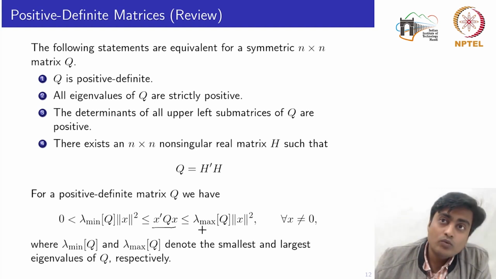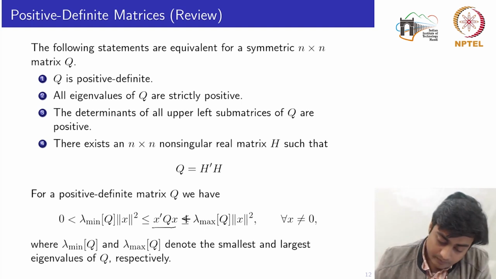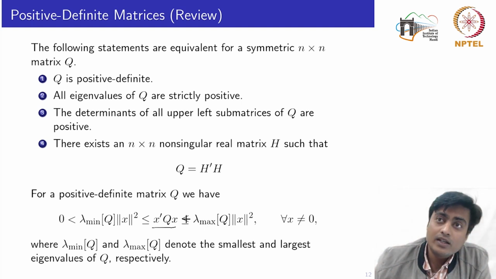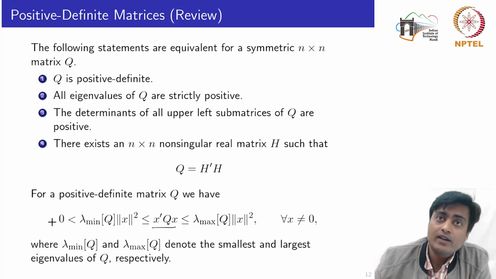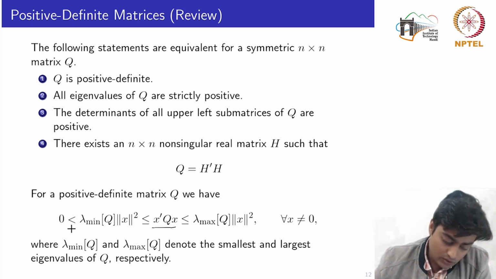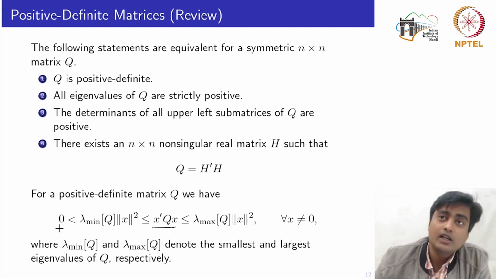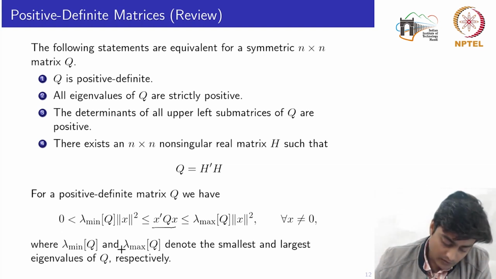The largest value would be less than or equal to the largest eigenvalue of the matrix Q multiplied by the squared norm of the vector x. And since we know that Q is a positive definite matrix, this would always be greater than 0. This is in fact the definition of positive definite. So 0 would be the lowest value. Okay.